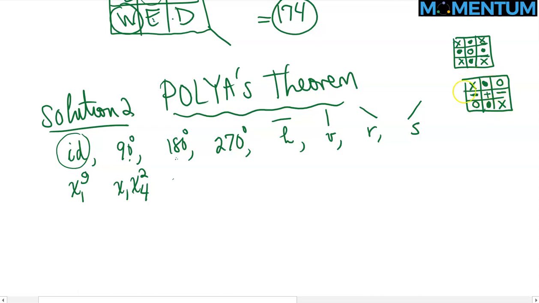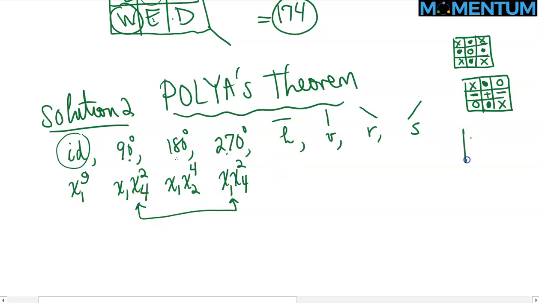So we have 4 cycles of length 2 and then a single cycle of length 1. So that would be x sub 1, x sub 2 to the 4 power, 4 cycles of length 2. Now 270 degrees is extremely similar to the 90 degrees. It's a minus 90 degree rotation. So as a result, this will be the same as the 90 degrees. So those two should match.